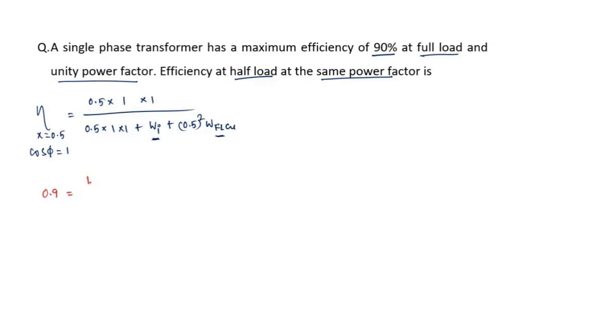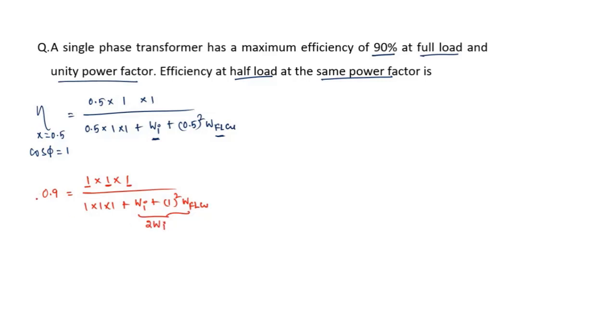So full load means X value is 1 into unity power factor divided by 1 into 1 into 1. So this is percentage loading. This is KVA rating. I've taken it as 1 per unit, and power factor, plus iron losses plus full load copper losses. You can write these two losses as 2 times WI. Why?